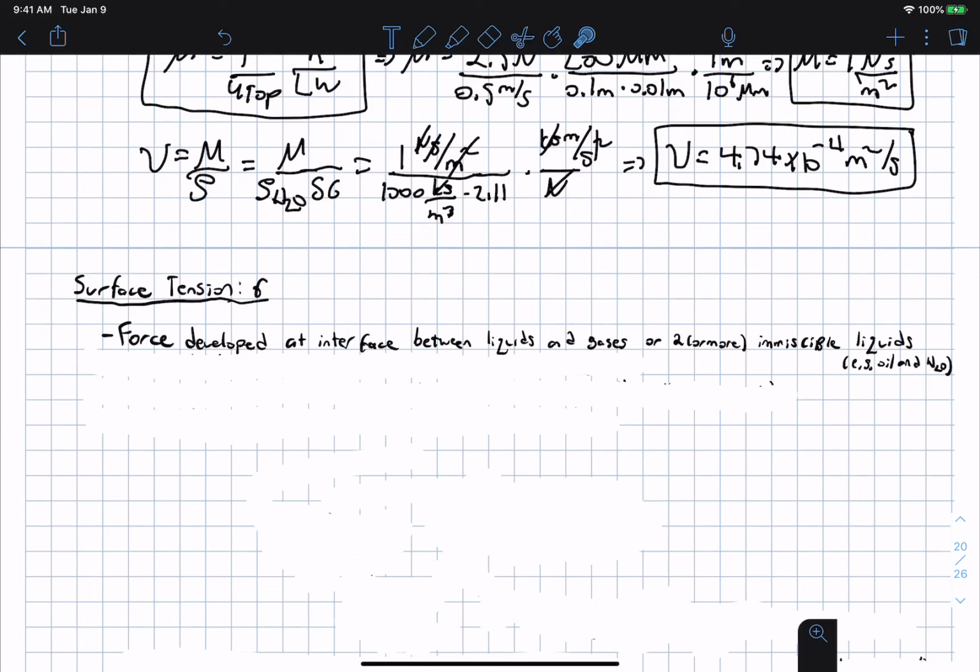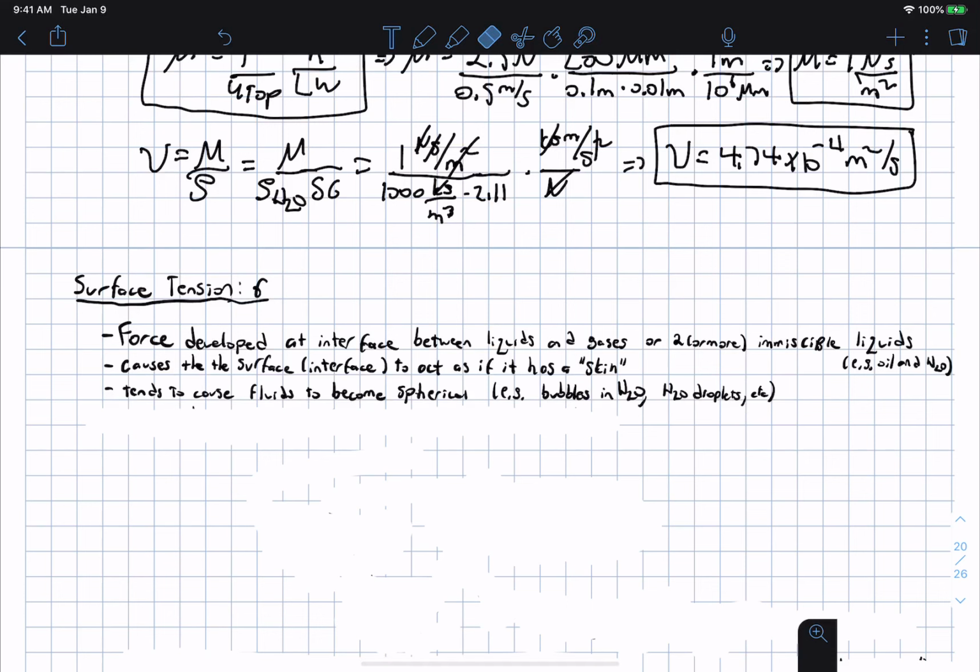And the cause of surface tension, it's actually a surface stress, is what produces liquids to behave as if they have a quote-unquote skin, even though there really isn't a skin. It's not a real scientific thing. And surface tension is what causes droplets and things like that to have a roughly spherical shape.